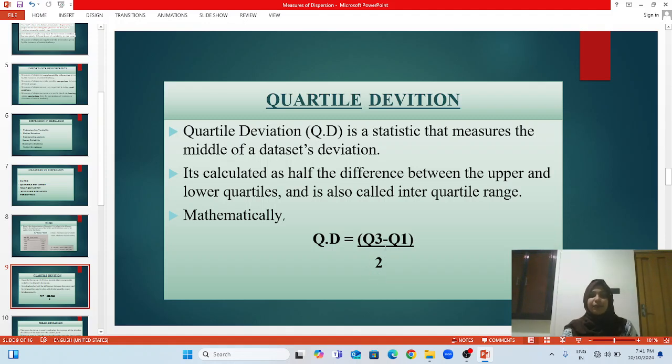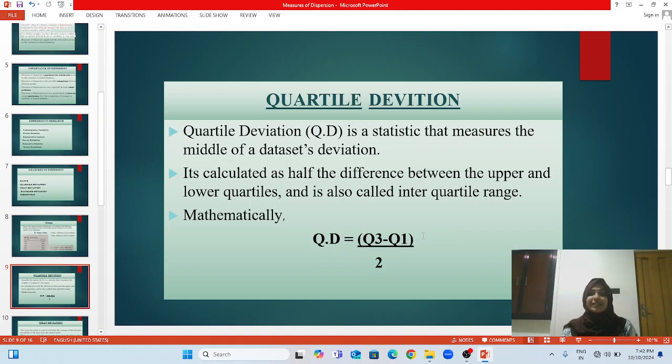So the problem arises: how do we get the value of Q1? The value of Q1 is the number of observations plus 1, divided by 4. Then we get the value of Q3 by multiplying the Q1 value by 3.